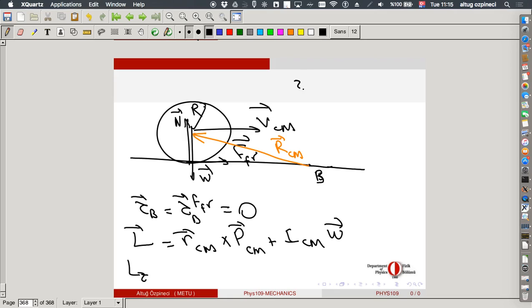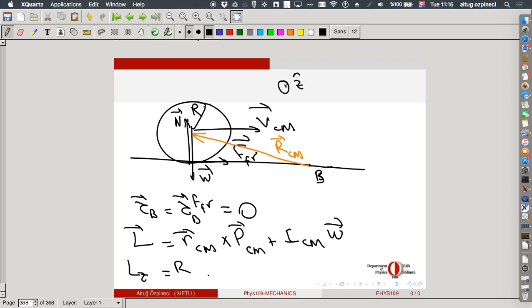Lz is equal to. Now this is my arc. My object is moving in this direction. This is r. My object is moving in this direction. This is the angle between the two. R cross P is into the screen.